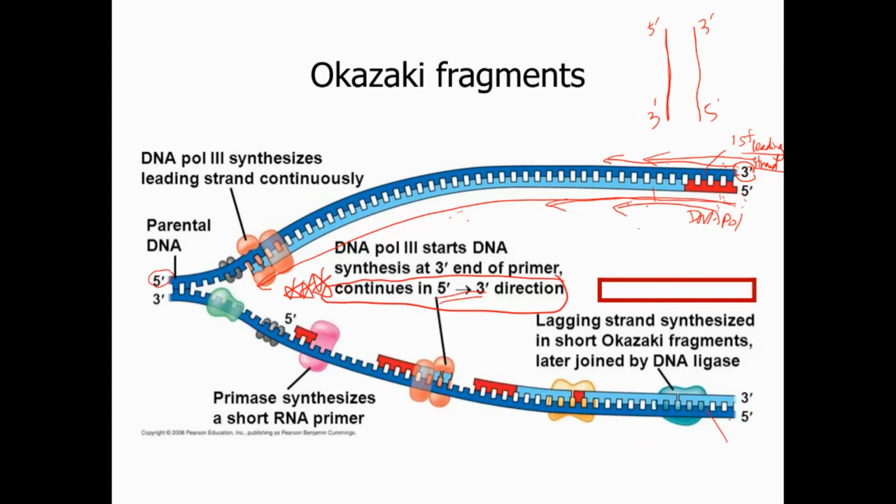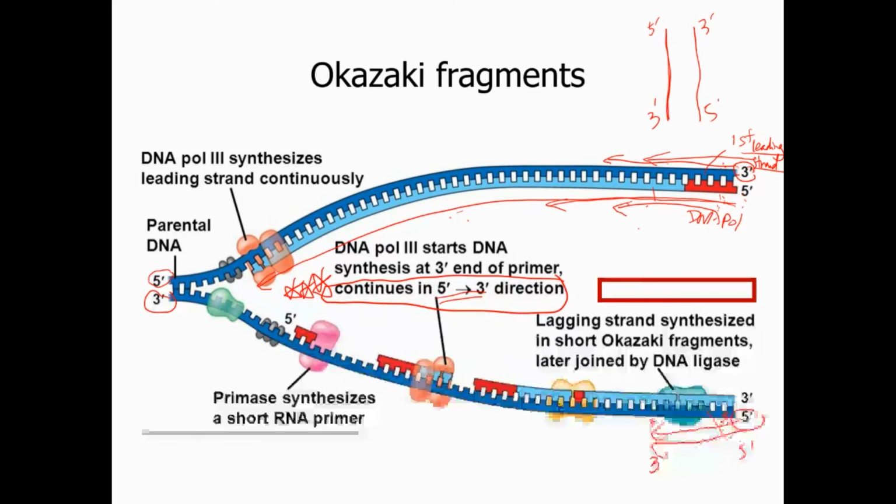Now, for the other old strand, so this is the direction. So this strand goes from 5 to 3, right? 5 to 3. Now, this wouldn't work for continuous DNA replication because if this goes from 5 to 3, the new strand cannot go this way. 5 to 3. That doesn't work, right?